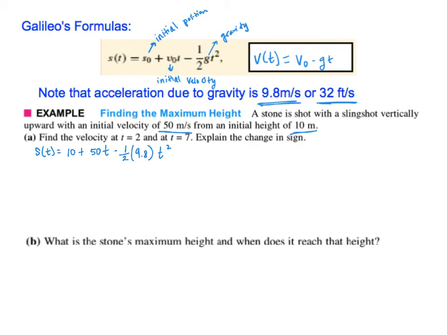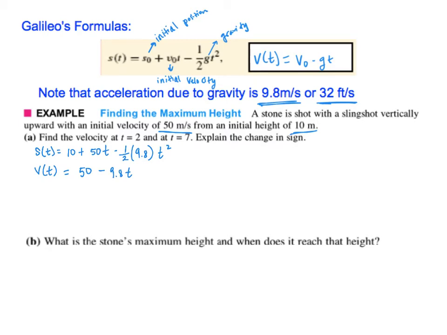The next thing you can come up with is the velocity equation, which is the derivative of position. So the 10 goes to 0, the 50t goes to 50, and the 1/2 gt squared becomes gt. So 50 minus 9.8t.